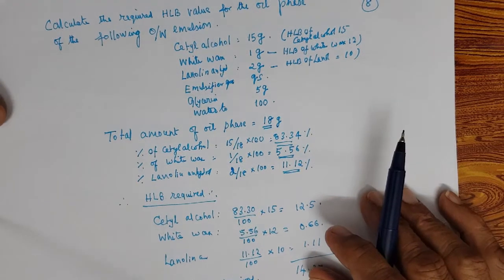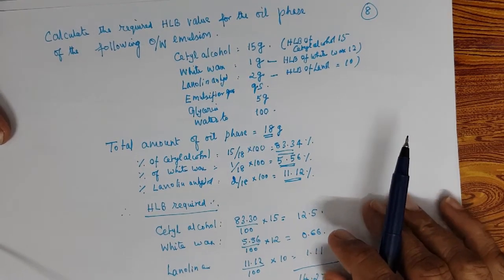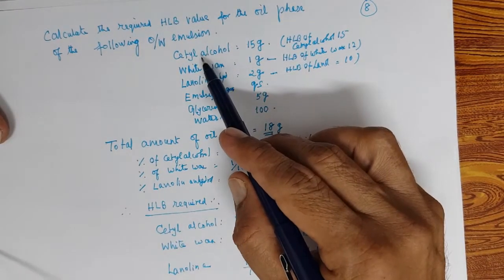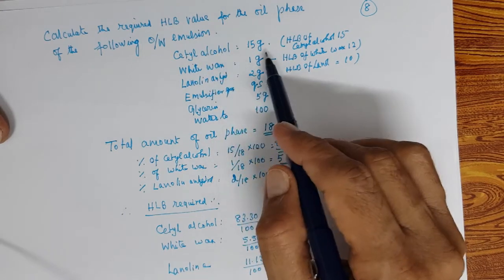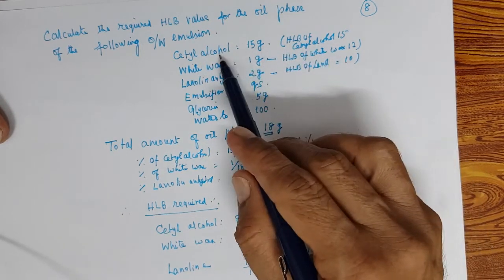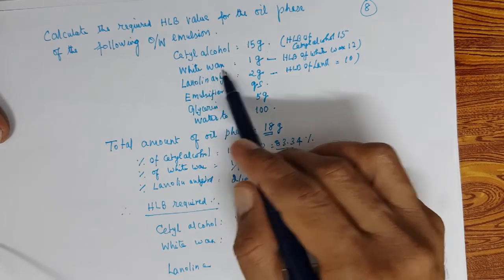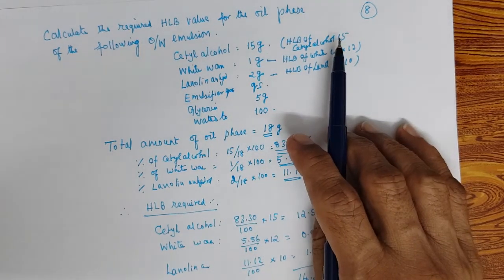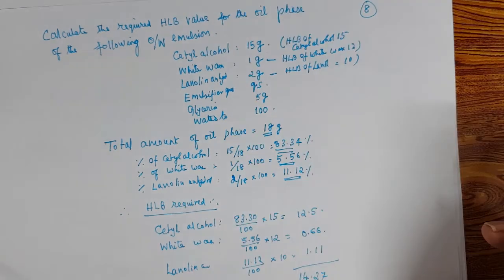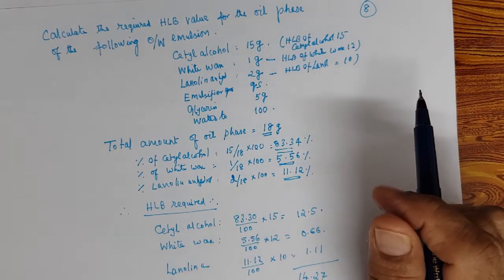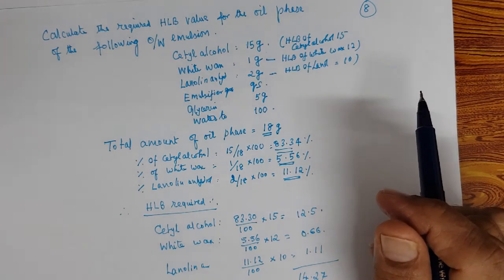I have a formula of an emulsion, an oil in water emulsion, but all these HLBs of cetyl alcohol, paraffin wax, all those things, are derived values. Any literature will give the HLB of the oil phase in an oil in water emulsion or in a water in oil emulsion.